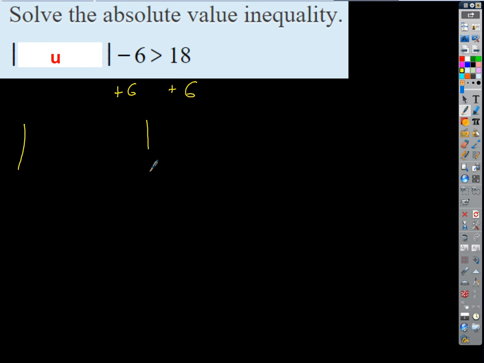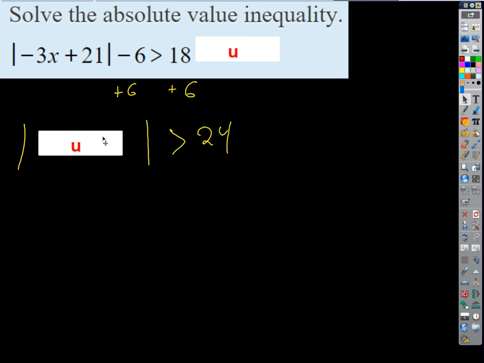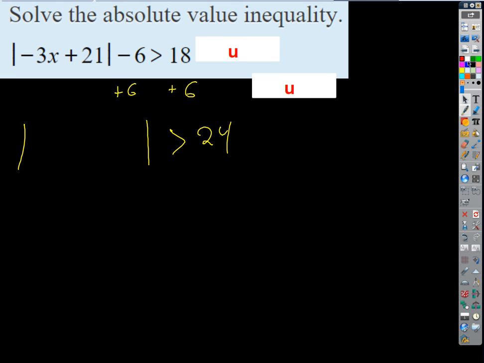The absolute value of u is greater than what? 24. Okay, well, what's my u? Negative 3x plus 21. So we isolated the absolute value.